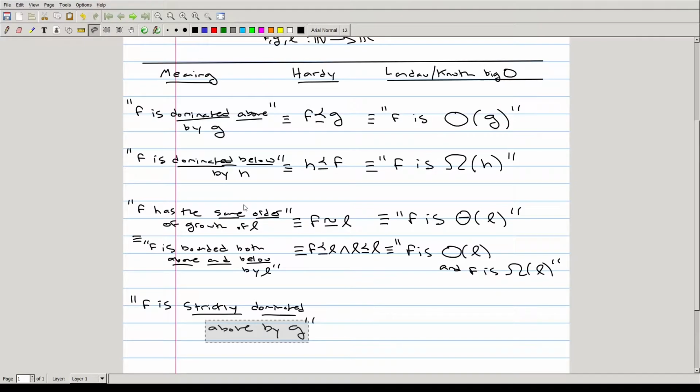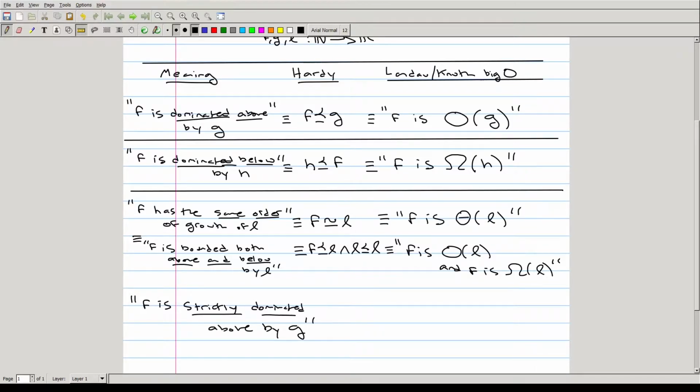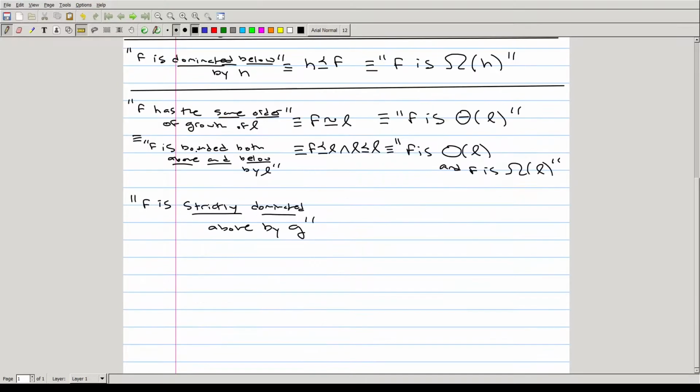This has a rather nice expression in the Hardy notation. We can go through and say that this is in the Hardy notation given by the expression f curly less than sign g.